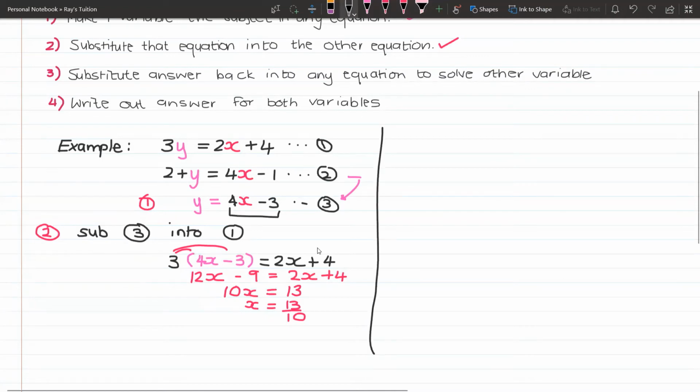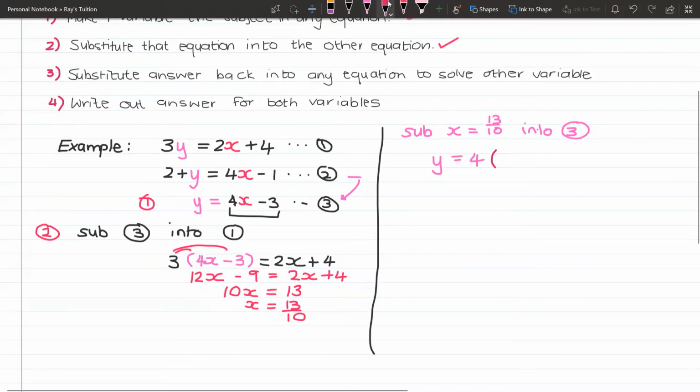Step 3 is when we substitute our answer back into any one of the equations. So we have that x is equal to 13 over 10. You can substitute it into any one of those equations. It doesn't matter. So I'm going to again choose the easiest option. I'm going to substitute x is equal to 13 over 10 into equation 3. So in the place of x, I'm not going to put x anymore.